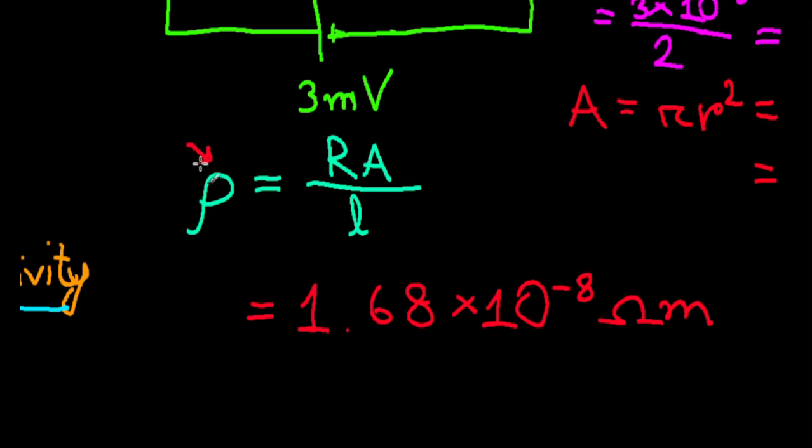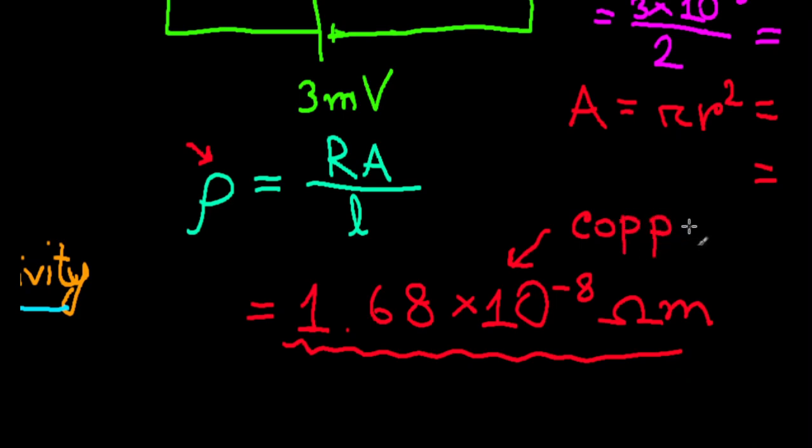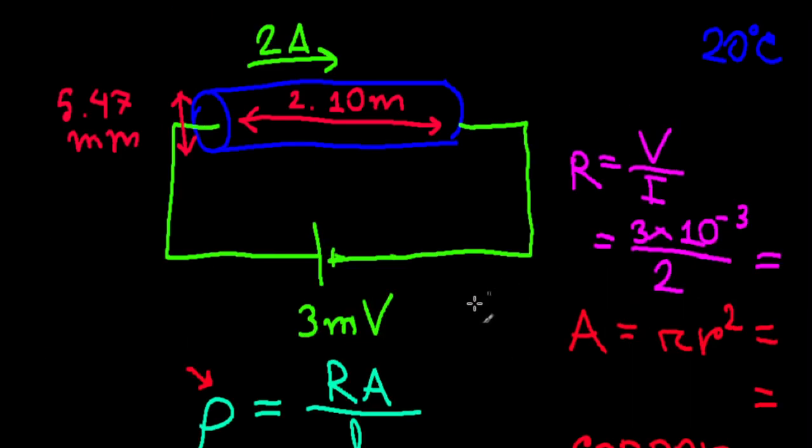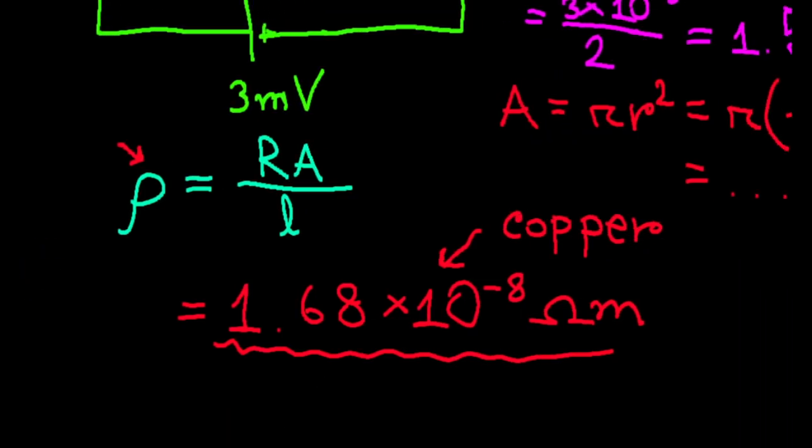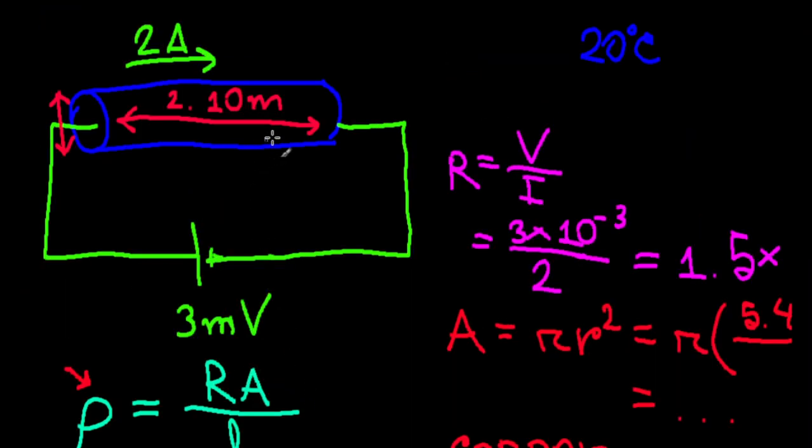For your information, if you do that, you'll see that this resistivity at 20 degrees Celsius is really the same as that of copper. So you can be fairly certain that this rod is indeed made of copper.